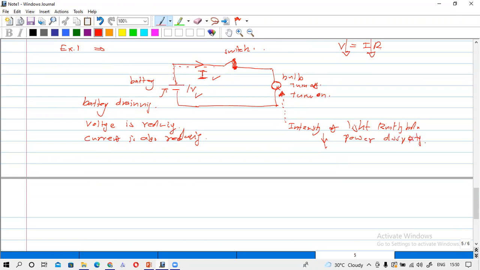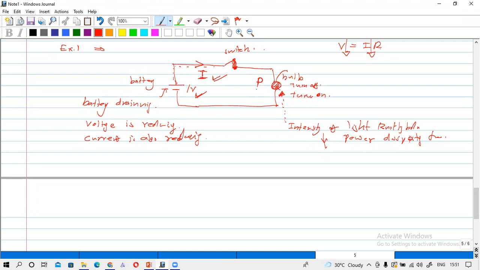So with this circuit you can see that we have three parameters. One is voltage, one is current, and one is power, let's say P, or it may be the intensity of light.